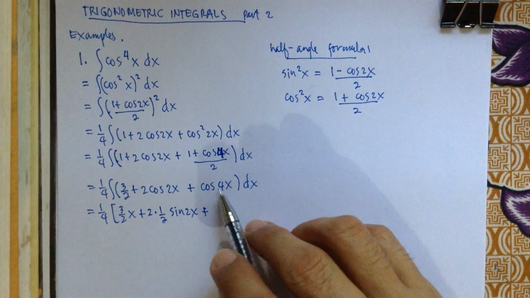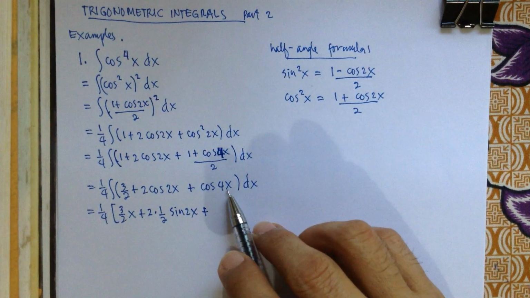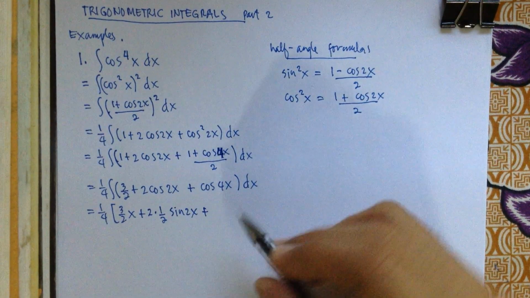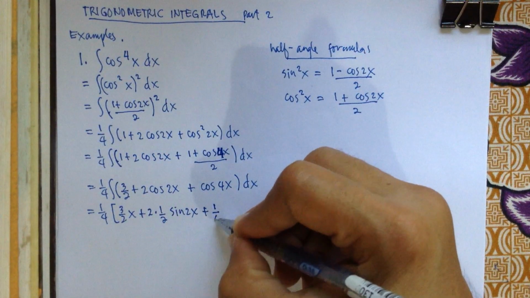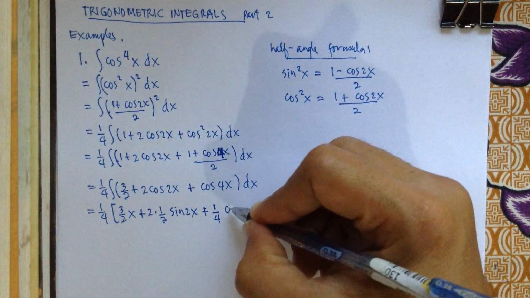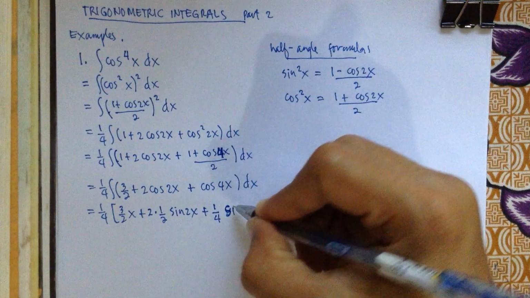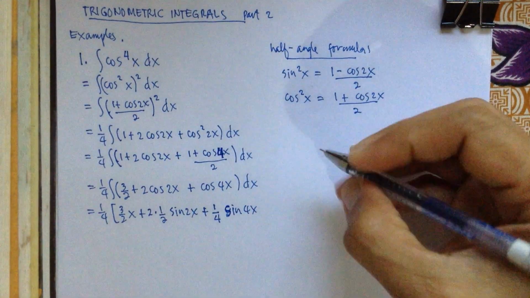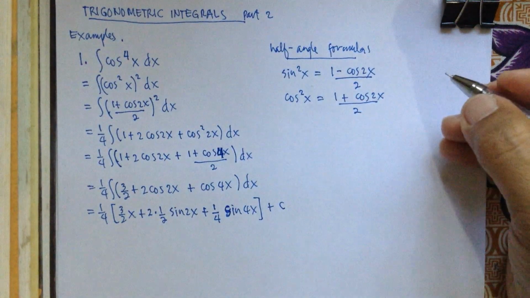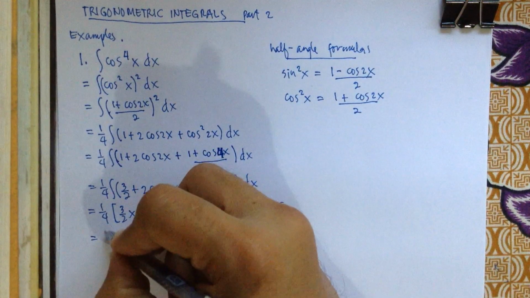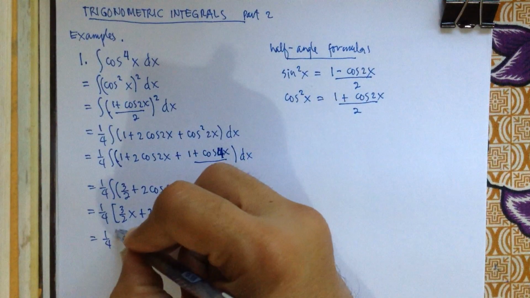Same is true with this. Okay, your u is 4x, the du is 4 dx, but you should have 1/4. Okay, so 1/4 sine 4x, then plus c.